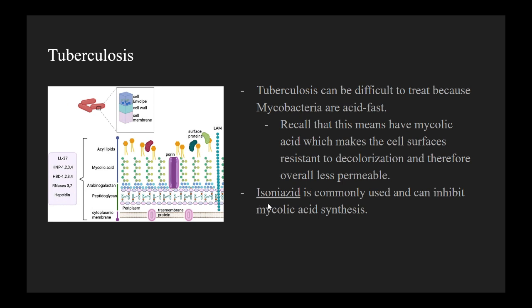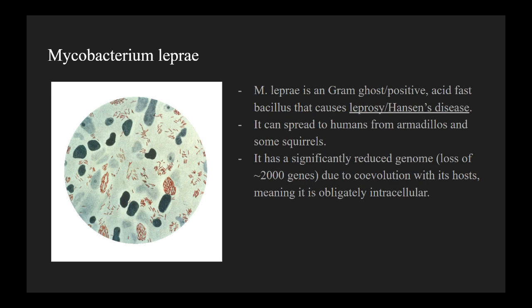I don't know how to say these drug names, but isoniazid, I think. This is used to inhibit the synthesis of mycolic acid. So essentially that'll weaken the membrane of this guy, and that'll make the bacterium a lot less resistant and less hardy. Okay, so we're moving on to Mycobacterium leprae.